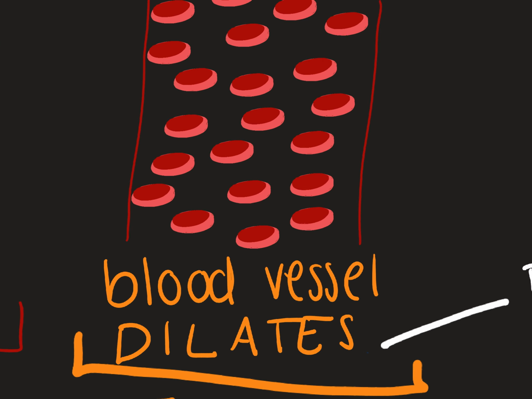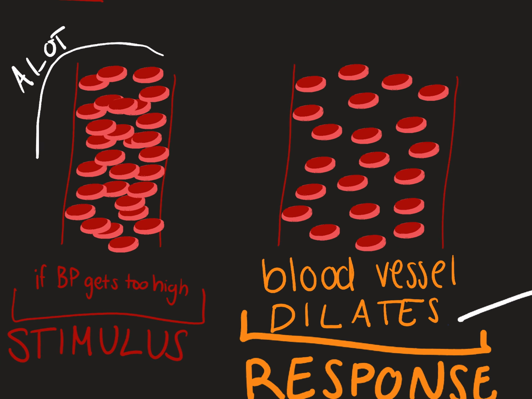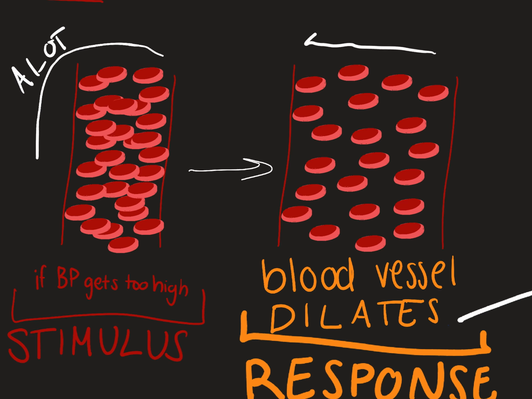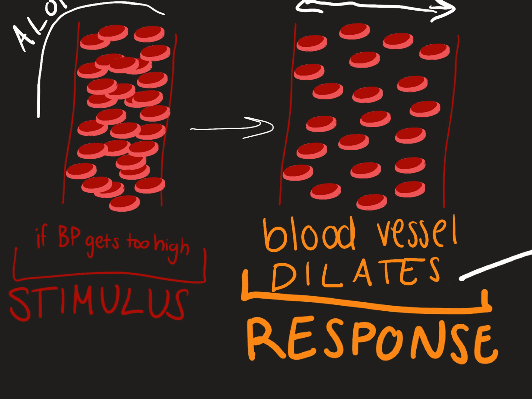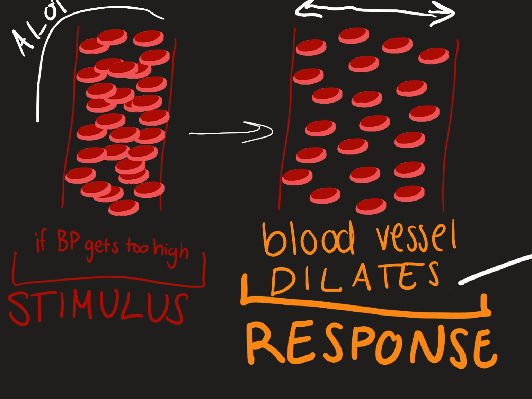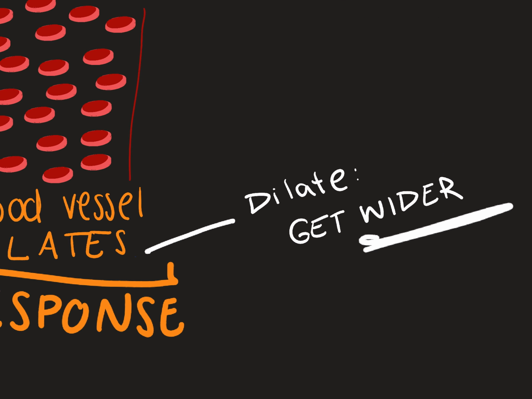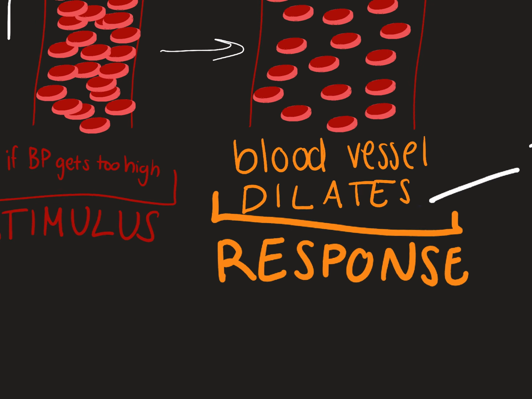You can see there was a lot of blood in them, the blood pressure was too high, and then these blood vessels widened apart and made space for all that blood. So that's one example of a stimulus and response, and we call that dilation. Blood vessel dilation means that they get wider.